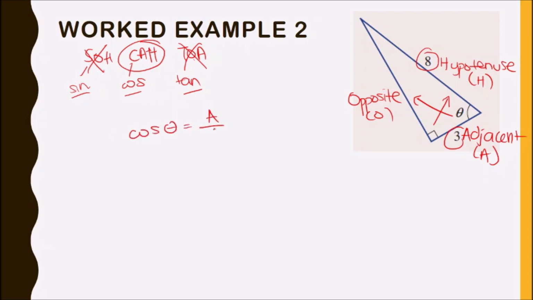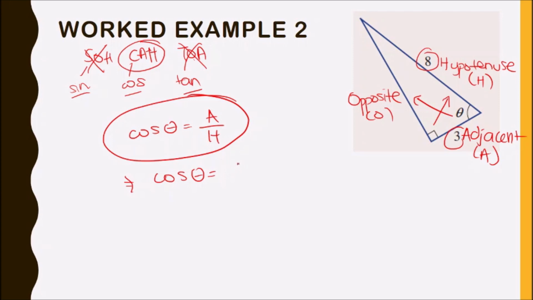You need to make sure you practice writing out that as you get into the habit, okay? So then it'd be cos equals 3 over 8 because A is equal to 3 and H is equal to 8, and that's where I've got 3 and 8 from. Okay, so therefore the trigonometric ratio is 3 over 8. Okay, and that's all you need to do.